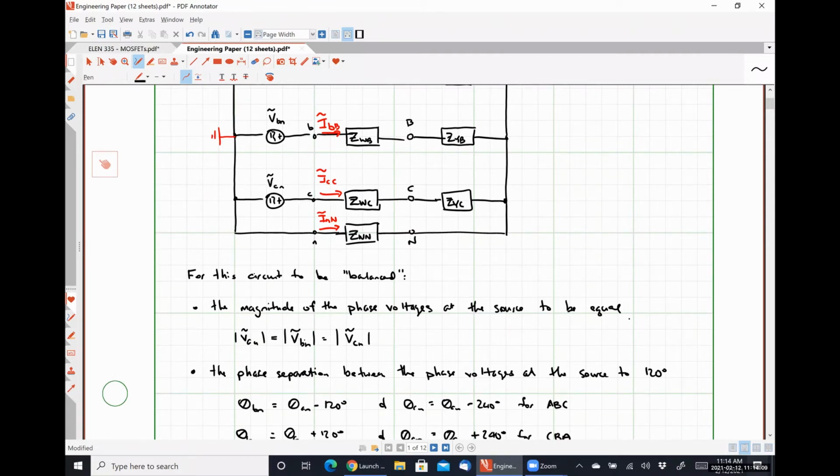So I have INN directed this way. So I'm going to call that minus V capital N lowercase n divided by ZNN. So I'm changing my current to get my subscript on the ends the same as the other things, so I can easily add them together.